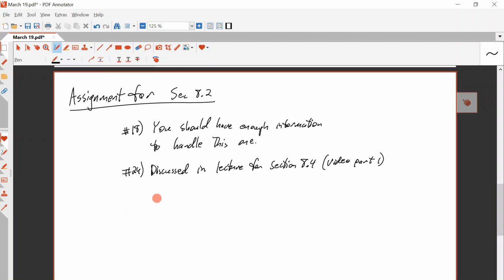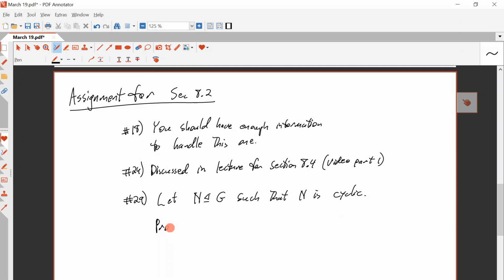And then 29, which says, let N be a normal subgroup of G such that N is cyclic.